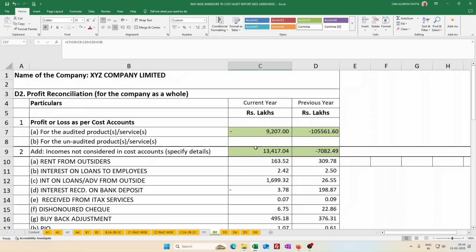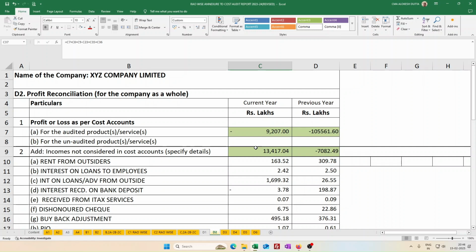But preparation of C2 is tough: grouping of financial codes, and after that segregation of income not considered and expenditure not considered, which has to be grouped again under different broad heads, because all the finance SAP codes should not be taken here.